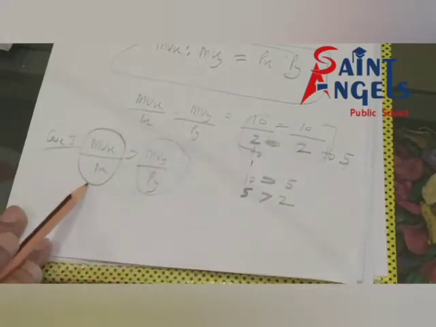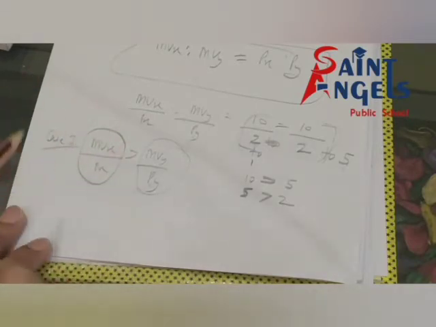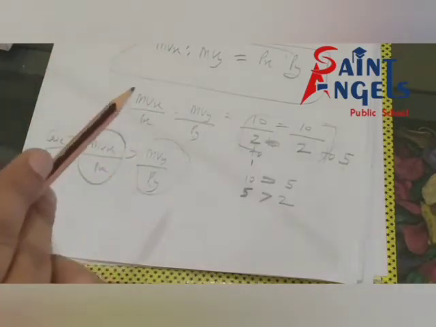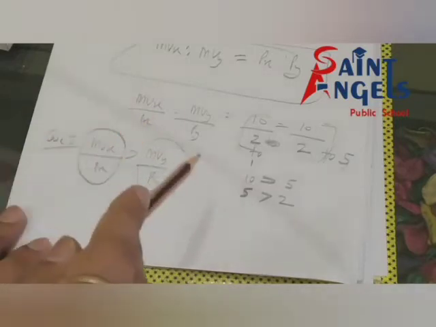We know that as we consume more and more units of a good, marginal utility goes on decreasing.